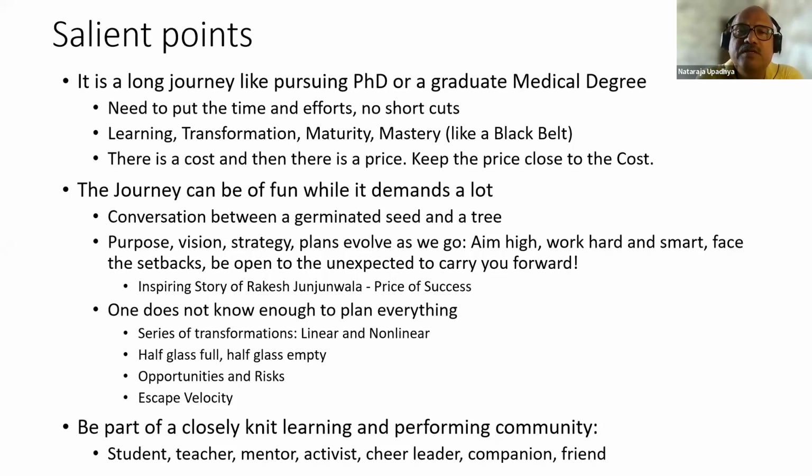Depending on how much time we spend, maybe we'll compress it within 2 years, or it may take 8 to 10 years, depending on how much time we can give. So anything we do in our life, there is a cost and there is a price. See, the difference between a cost and a price is a margin or a profit someone else is going to make.